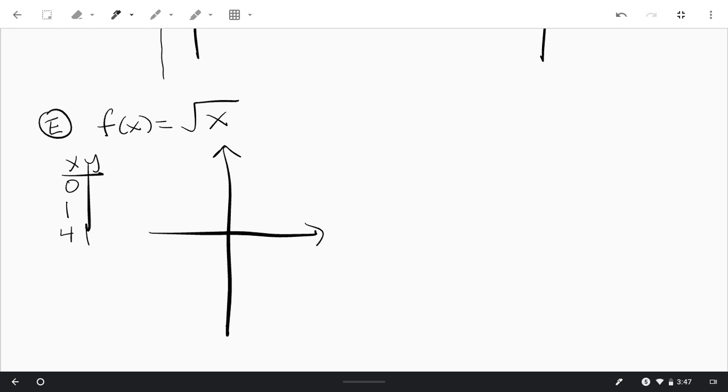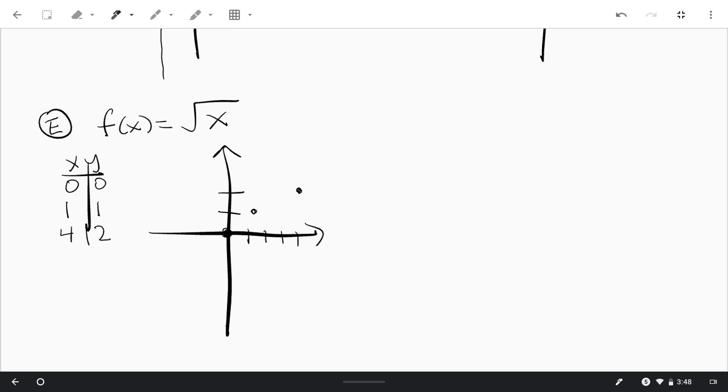Okay, all right, so square root of 0 is 0. Square root of 1 is 1. Square root of 4 is 2. Okay, so (0, 0), (1, 1), and (4, 2).